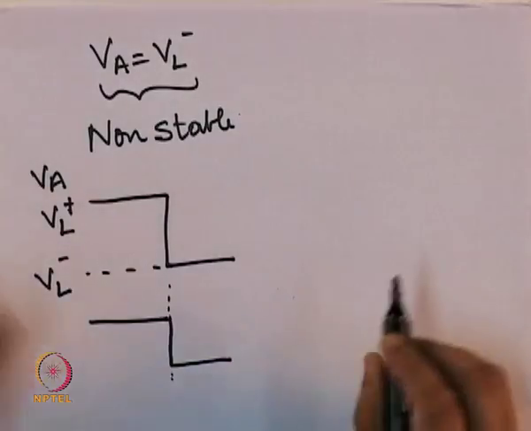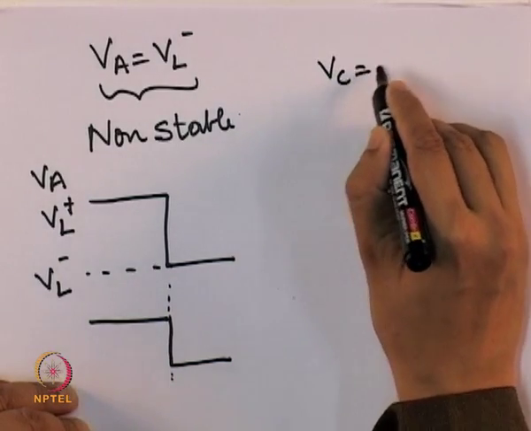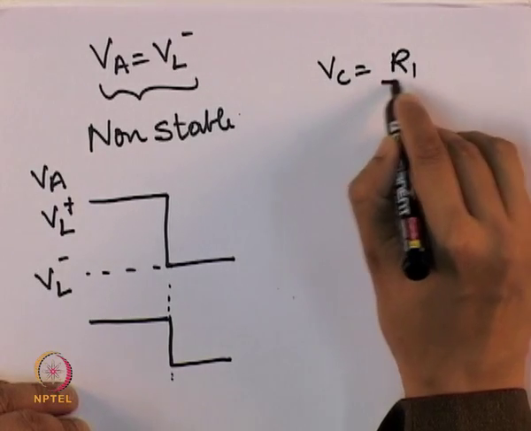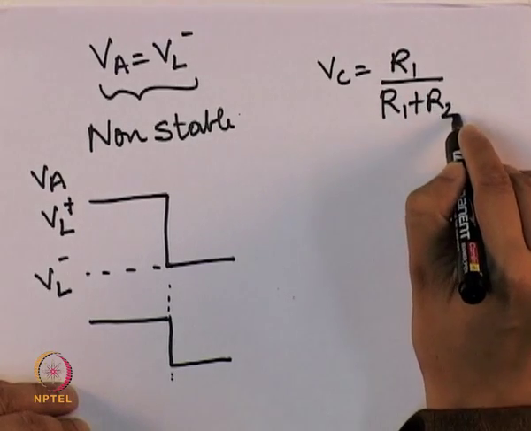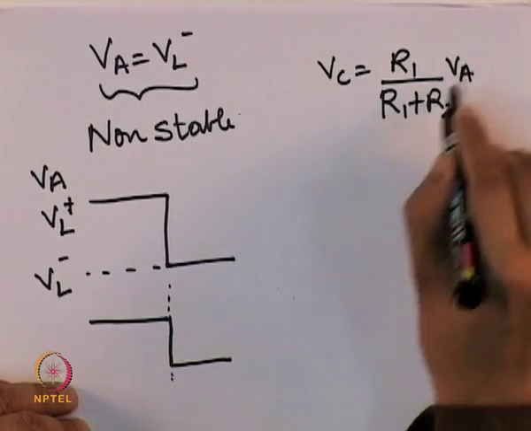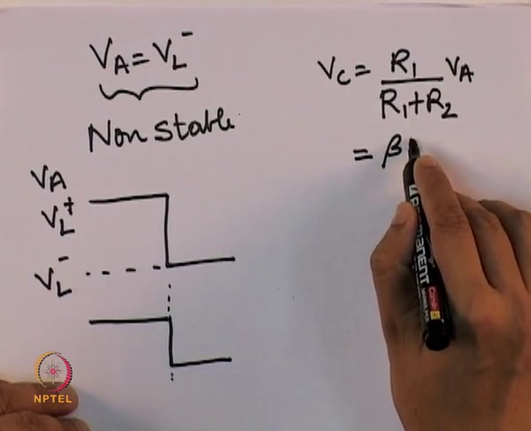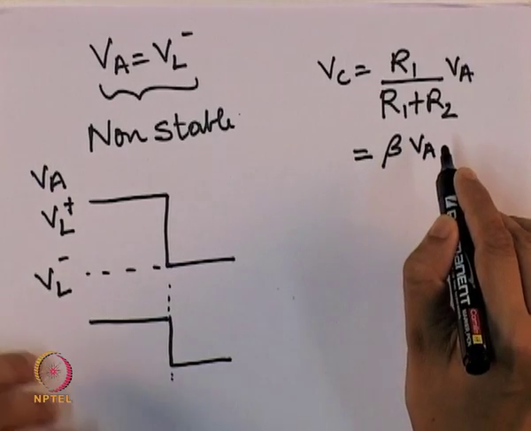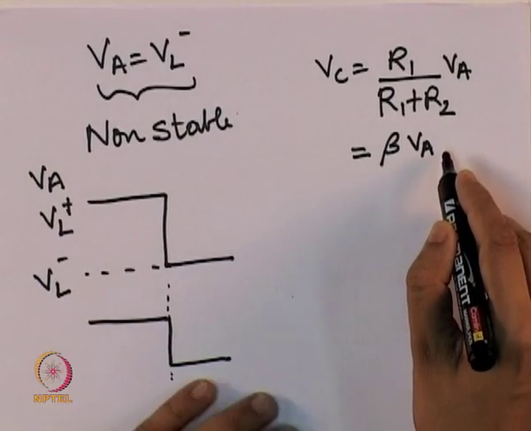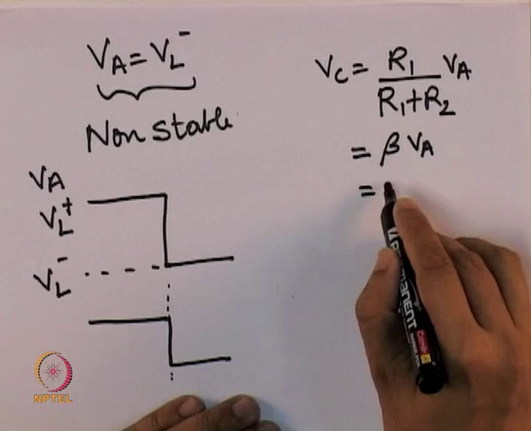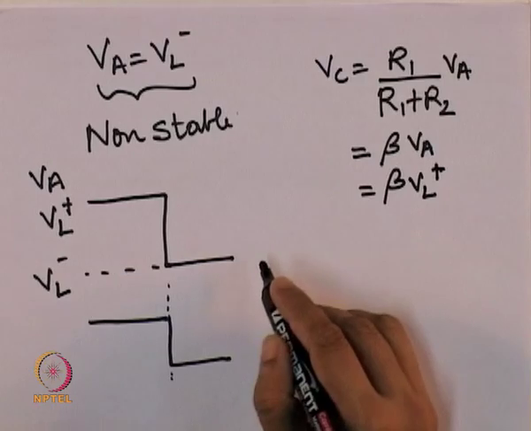So at this point the voltage VC was equal to R1 upon R1 plus R2 times VA, and this I am calling beta VA. And since initially VA was equal to VL plus, this was initially equal to beta VL plus.